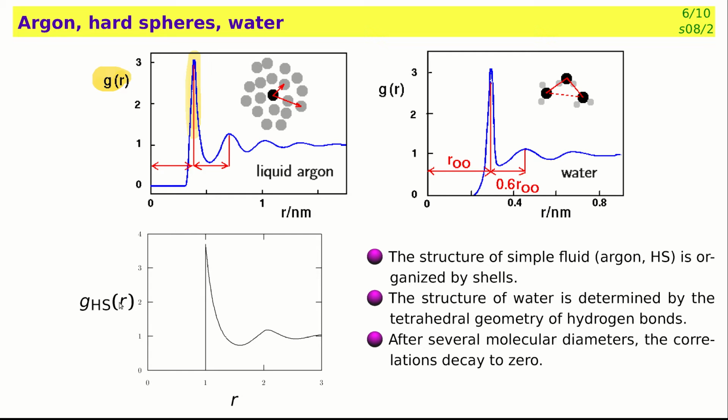In the case of hard spheres, it's a bit similar to liquid argon. These are spheres or spherical objects. So the radial distribution function is similar, but because of the discrete nature of hard spheres, the peak here is such a point-like. But what's interesting is to look at water.